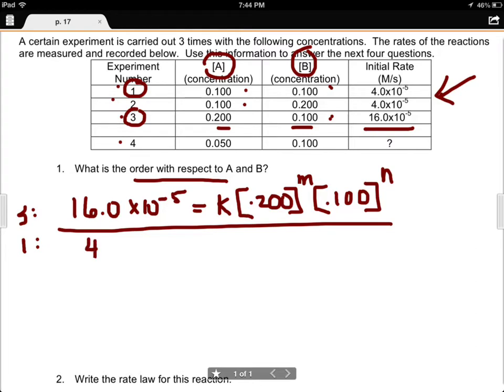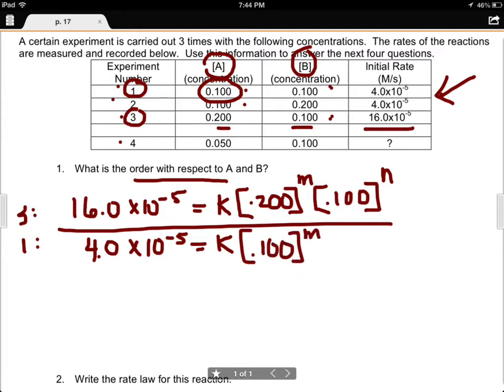The values for that are 4.0 times 10 to the negative 5th is equal to K times the concentration for experiment number 1, 0.100 with respect to A, don't know the order, and for B the concentration is also 0.1.